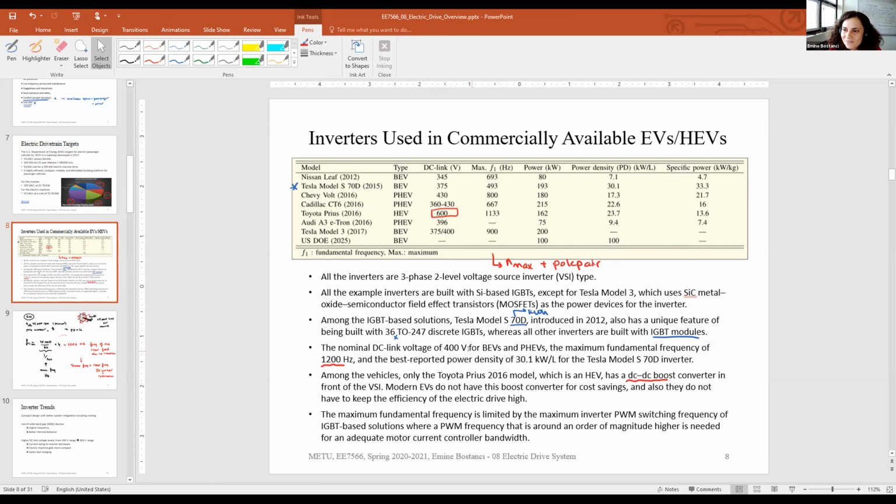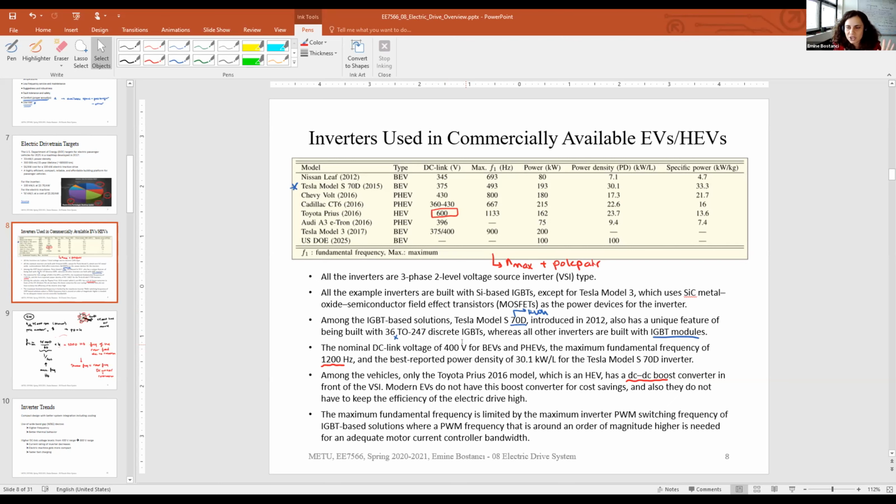So if you increase the frequency, then you need a different technology for the power switches, right?